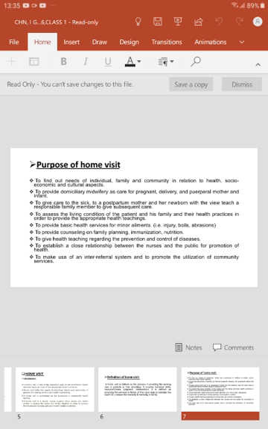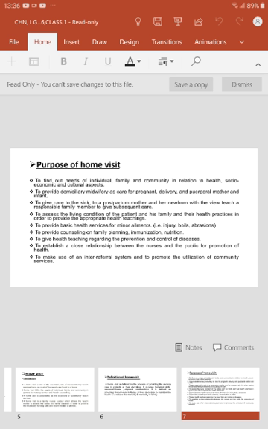Then third one is to give care to the sick or postpartum mother and her newborn, with a view to teaching about the responsibility of the family members to give subsequent care. As midwifery nurses, we can give appropriate care to the postnatal mother, that is after the delivery.